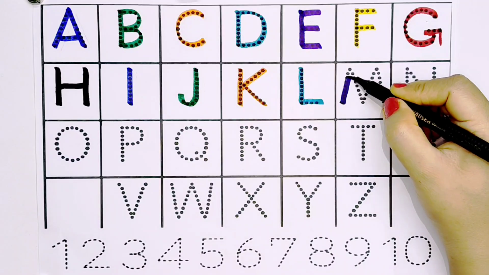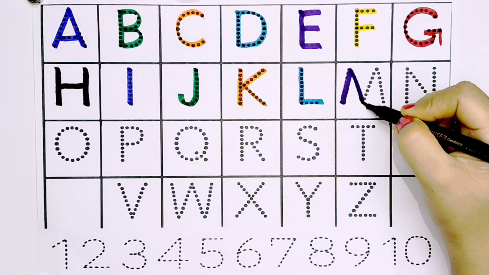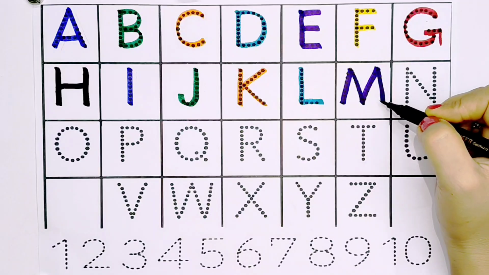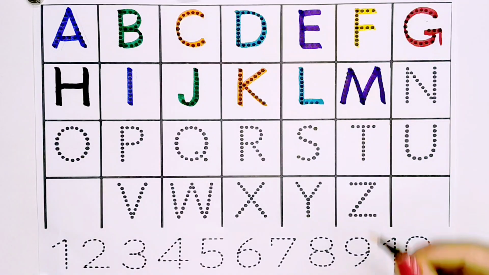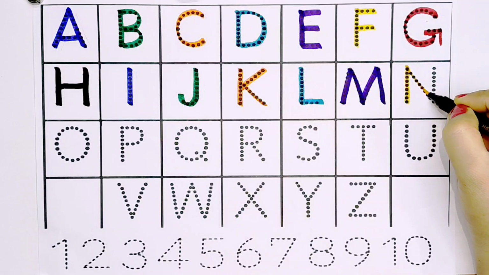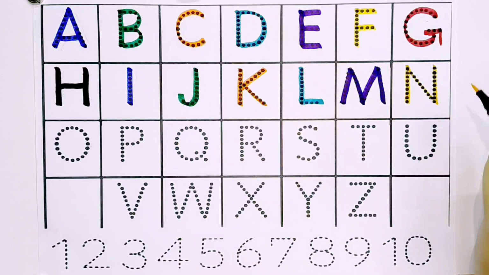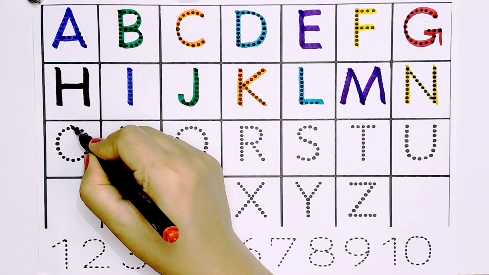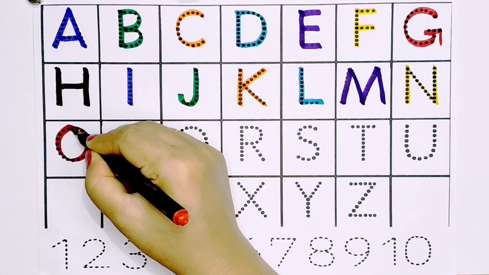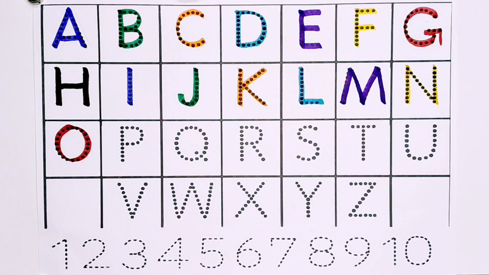M. M for mango. N. N for net. O. O for onion.